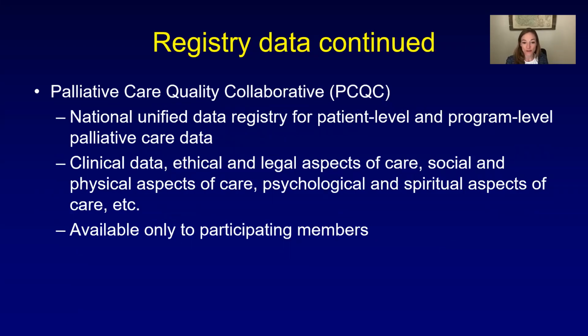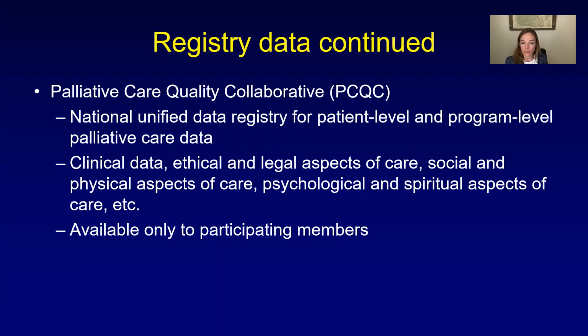Another one that I have to admit I don't know a lot about, but I have definitely heard about from some of our PCRC members. Melissa Aldridge would probably be the best person from my perspective to ask about this data source, the Palliative Care Quality Collaborative. It's a national unified data registry for patient level and program level palliative care data. It includes clinical data, ethical and legal aspects of care, social and physical aspects of care, psychological and spiritual aspects, et cetera.